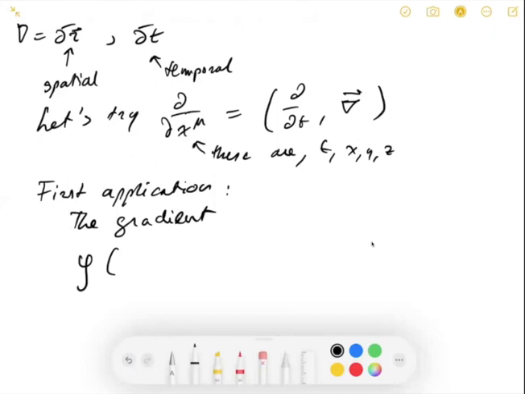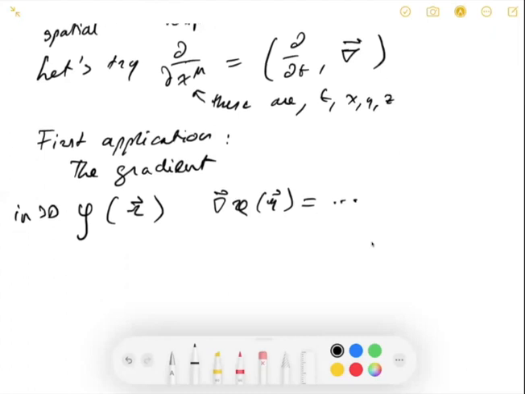Now in 3D, we have phi as a function of r. The gradient of phi(r) is something. Now let's see what that gradient does for a 4-vector.